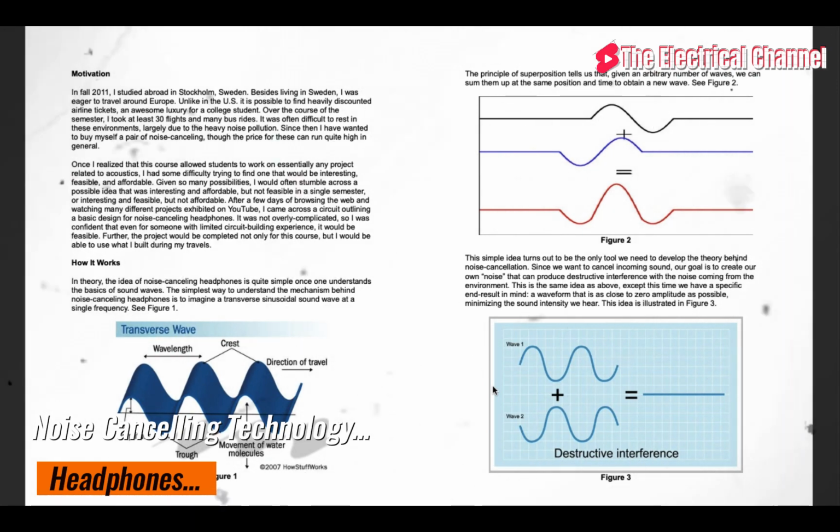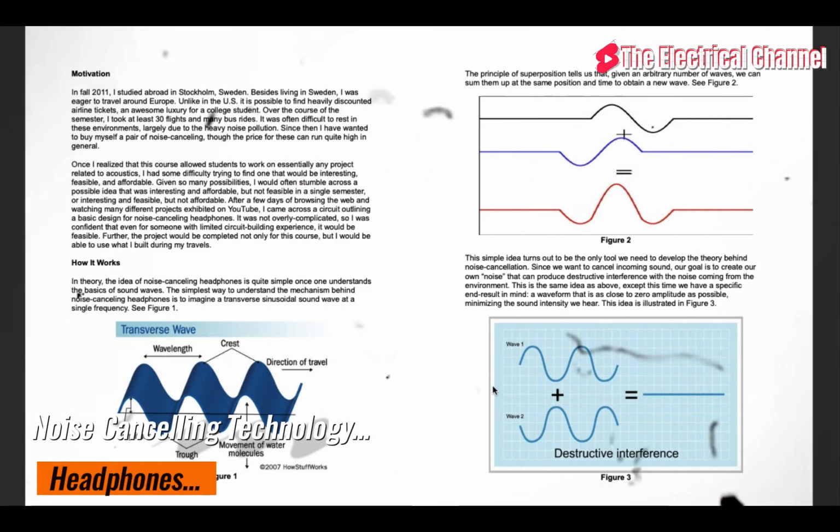The simple idea turns out to be the only tool we need to develop the theory behind noise cancelling. Since we want to cancel incoming sound, our goal is to create our own noise that can produce destructive interference with the noise coming from the environment.